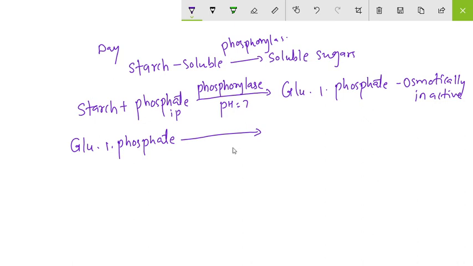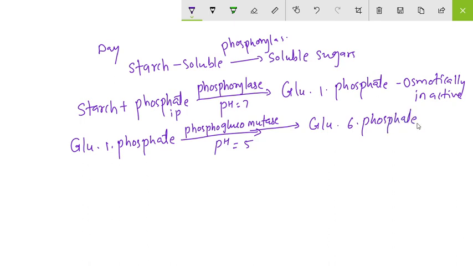in presence of the enzyme phosphoglucomutase, as well as pH 5, is converted into glucose 6 phosphate.